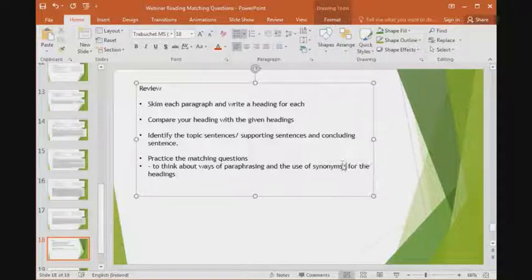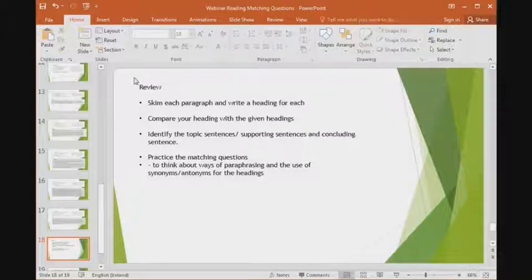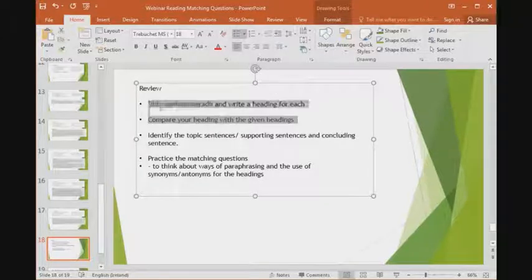They might rephrase it, and other ways of paraphrasing. Okay. Obviously, you should only do this when you're practicing. You shouldn't do this in the exam because you'll be wasting all your time. But the easier you find to do this, then the easier it is to skim and also to identify the main idea when you're in the exam.